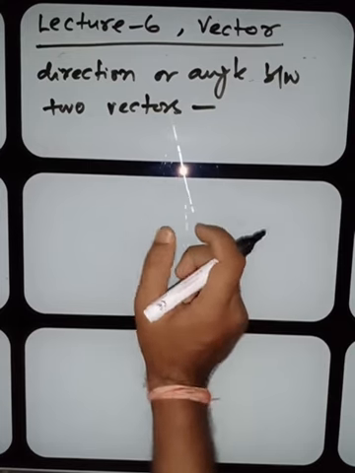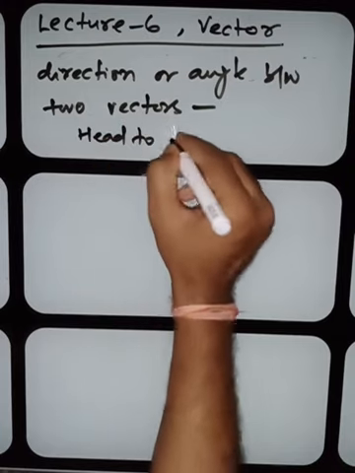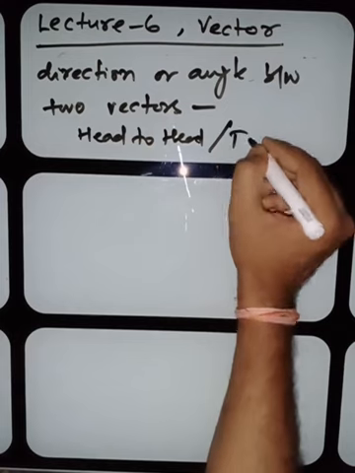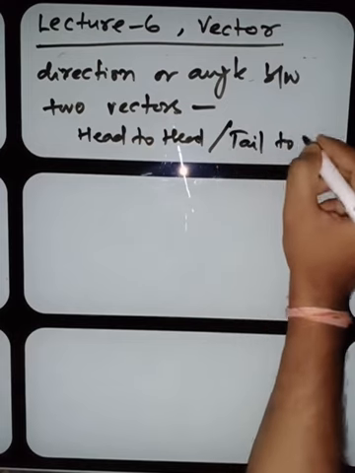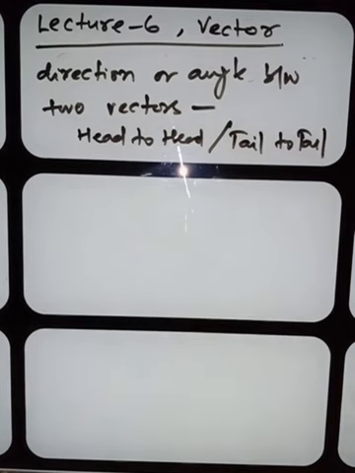What does it mean, sir? You have to find either head to head or tail to tail. This is very important. Okay, how? Let me take these two vectors.